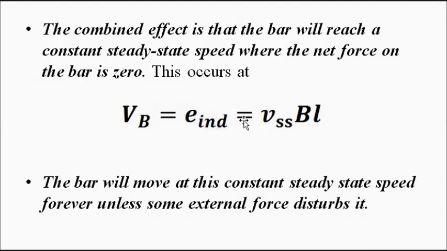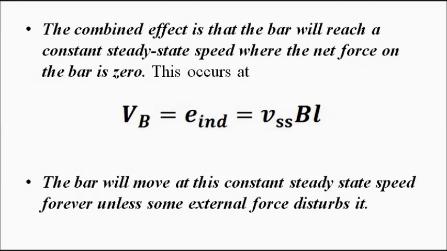We know that the induced voltage is given by VBL, where v is the velocity of the moving conductor. That speed is called VSS, the steady state speed, the speed at which the induced voltage is equal to the battery voltage. So this conductor now moves at this steady state speed forever unless some external force disturbs it. This is the sequence of events from starting.